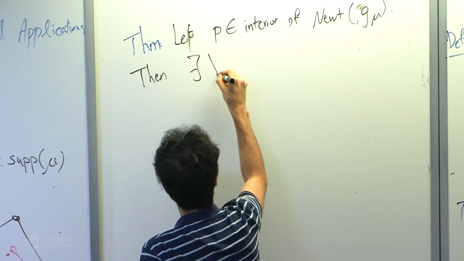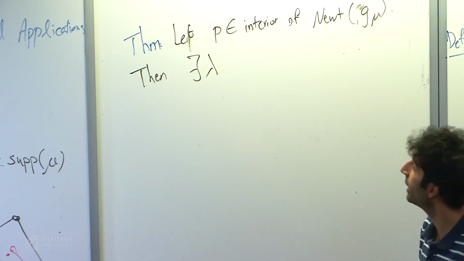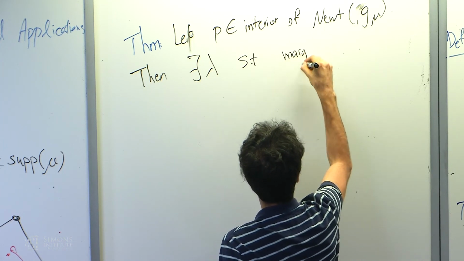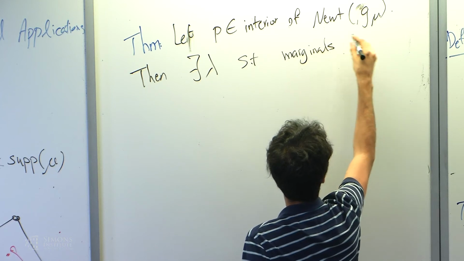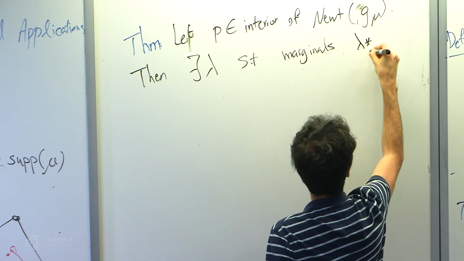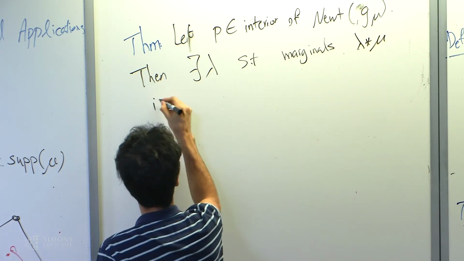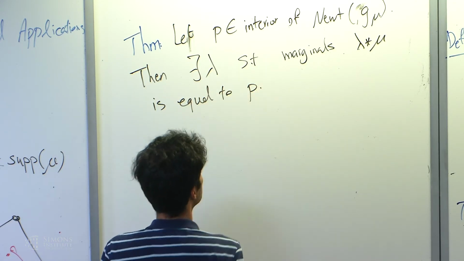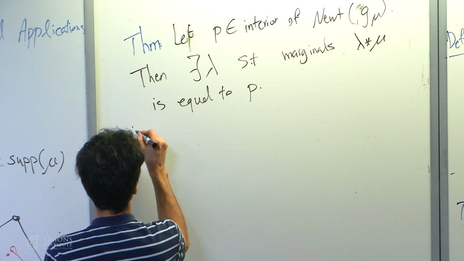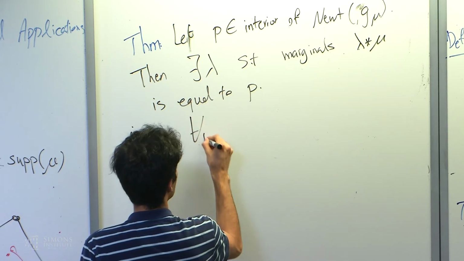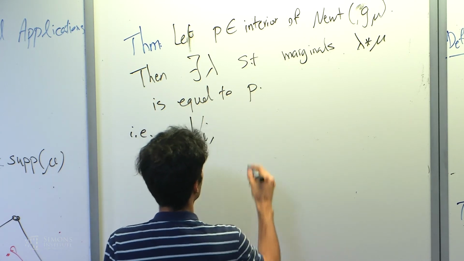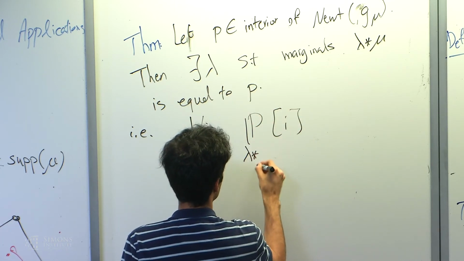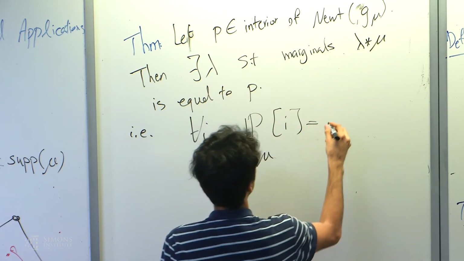Then there exists an external field lambda such that the marginals of lambda star mu are equal to p. What does that mean? That means that for all i, the probability of i in the distribution lambda star mu is equal to p_i.